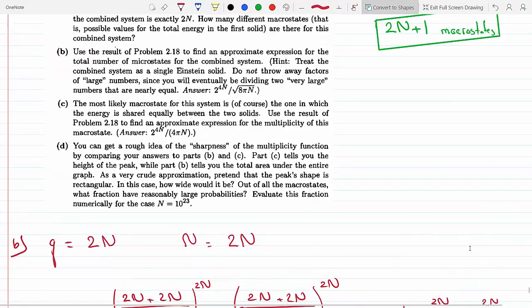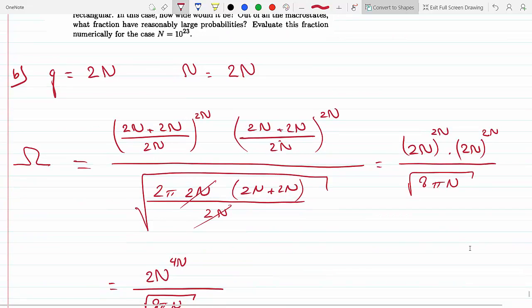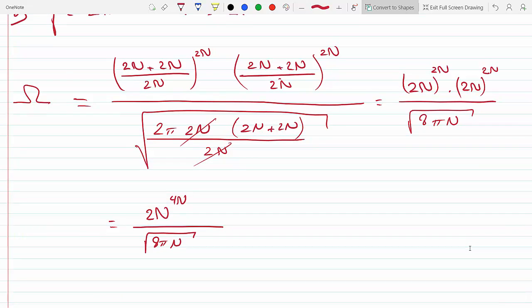Okay, we're not yet at the answer. It should be 2 to the 4n. So let's simplify it further. Oh, I forgot, wait, I messed up here. This is divided by 4n over 2n, 2 to the 2n.